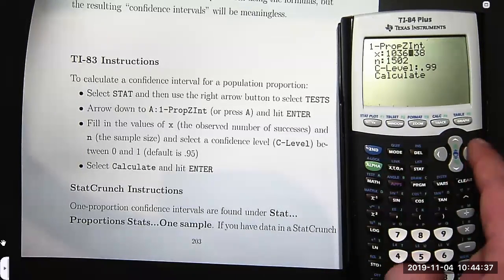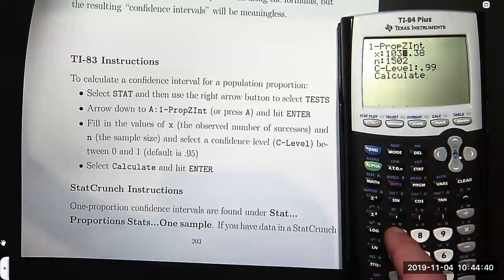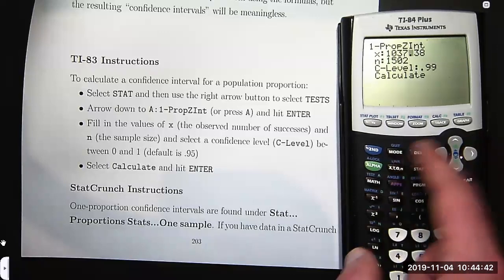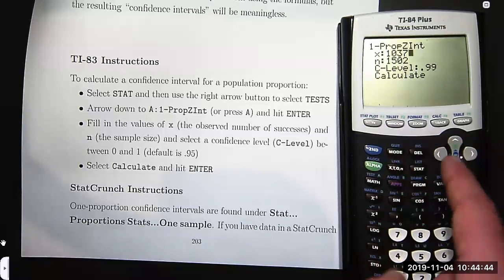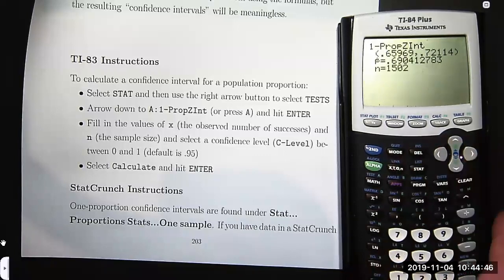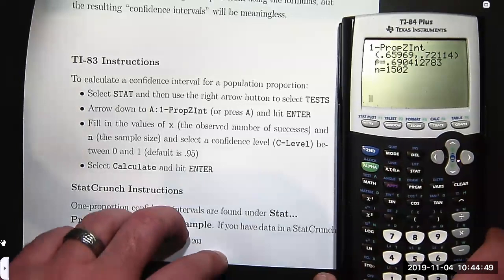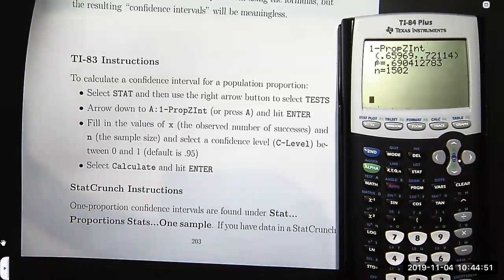But if we put in, let's be generous and put in a 7 there. Calculate that. And then it gives you what p hat is, and it gives you what the interval should be right there.